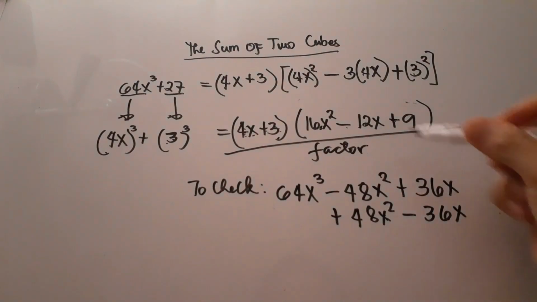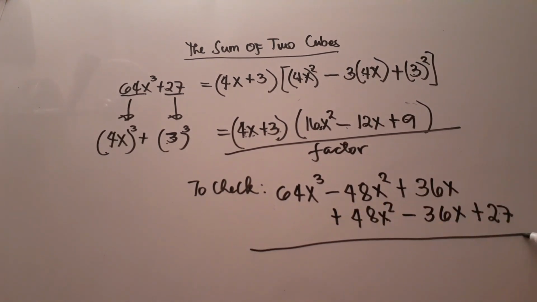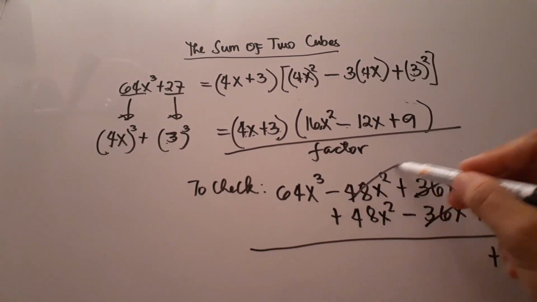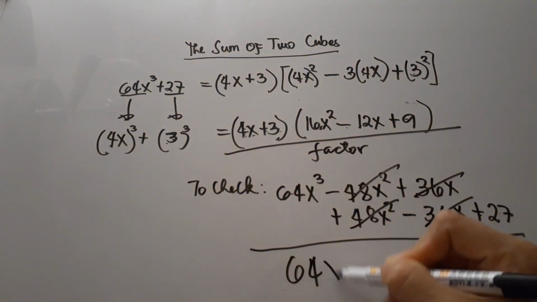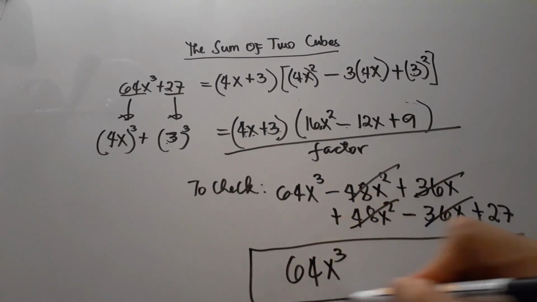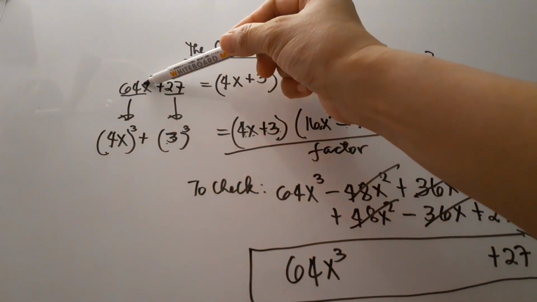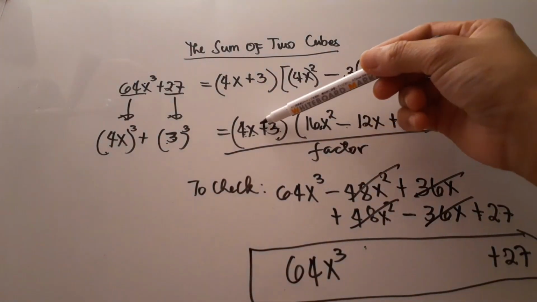Then positive 3 times 9 becomes 27. Since these are the same, we cancel them out, and the remaining is 64x cubed plus 27. Therefore, our factor 4x positive 3, 16x squared negative 12x positive 9 is correct.